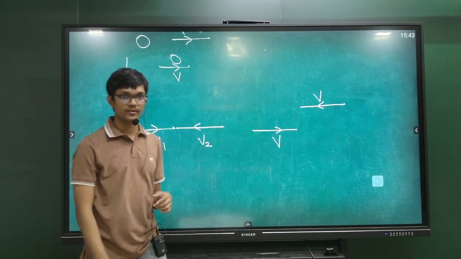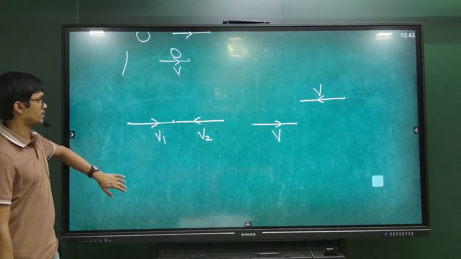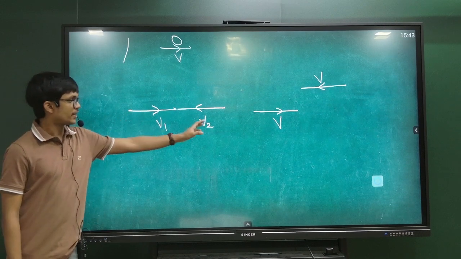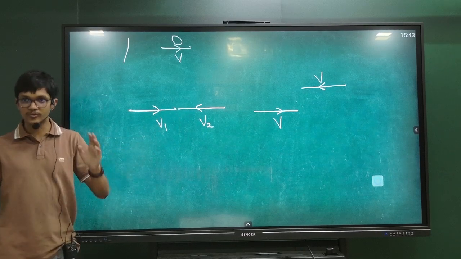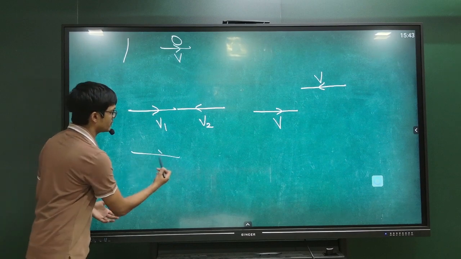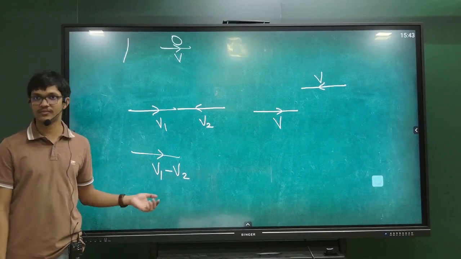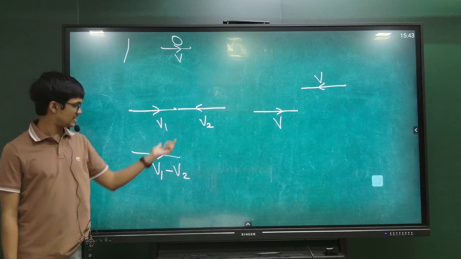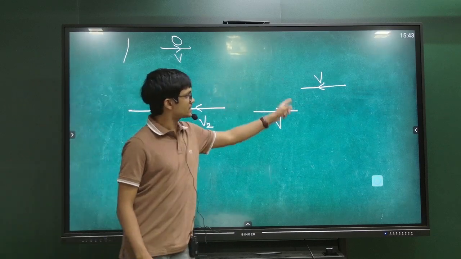I'm not talking about the lesson here, I'm just doing a small explanation. If you have two vectors like this, they are not basically two vectors. It is the same vector with the magnitude of v1 minus v2. You can't have two vectors like this. It is this, right? But can we have two vectors like this?